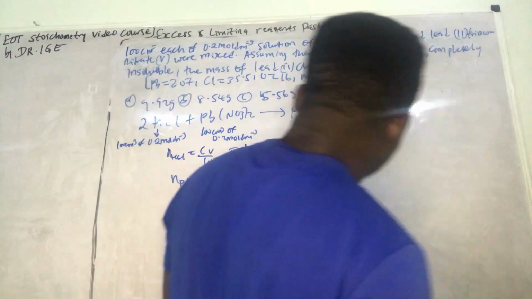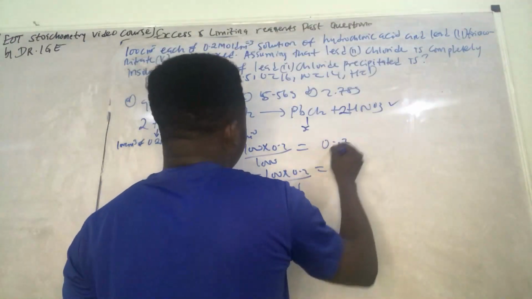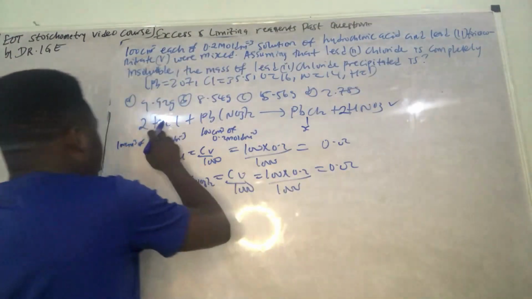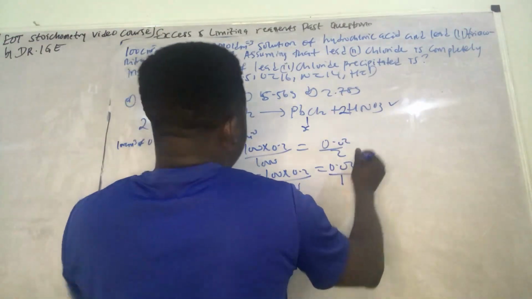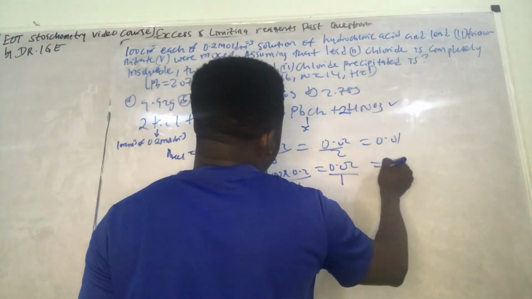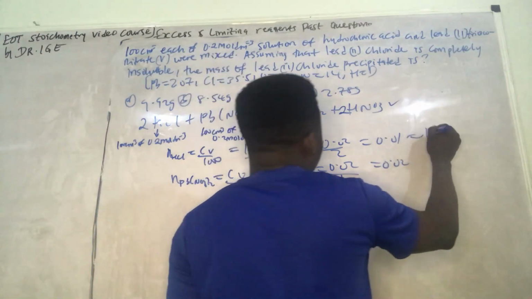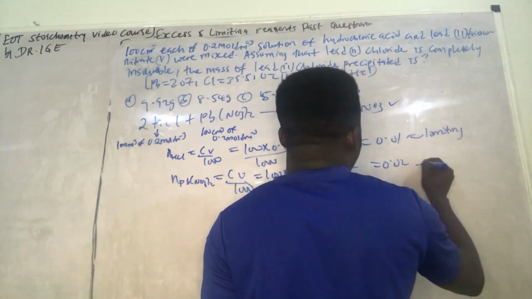So we have 0.02 for both of them. Remember, you divide by the coefficients here. So NaCl is divided by 2 and this one is divided by 1. We now have 0.01 here and 0.02 there. So it shows that NaCl is the limiting reagent, while this one is in excess.